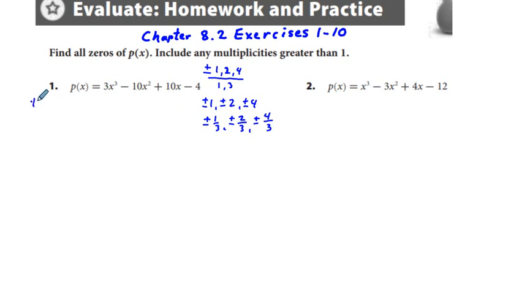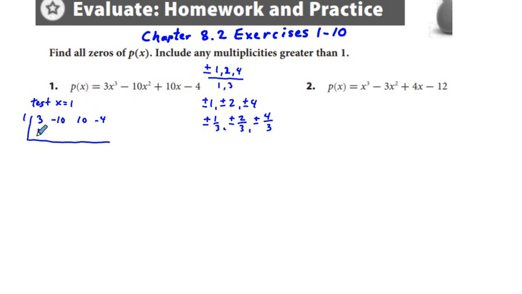So we're going to test, first of all, the zero of x equals 1. And this will go really quickly. To do this, we put the zero we're evaluating outside of the synthetic division bracket, and inside we put the coefficients of the function: 3, negative 10, 10, and negative 4.